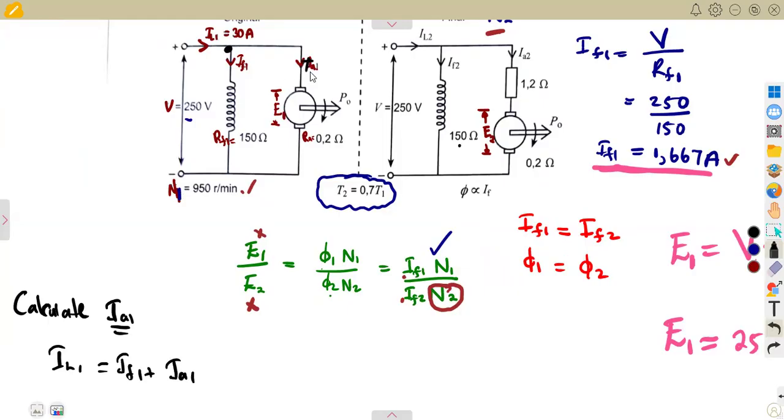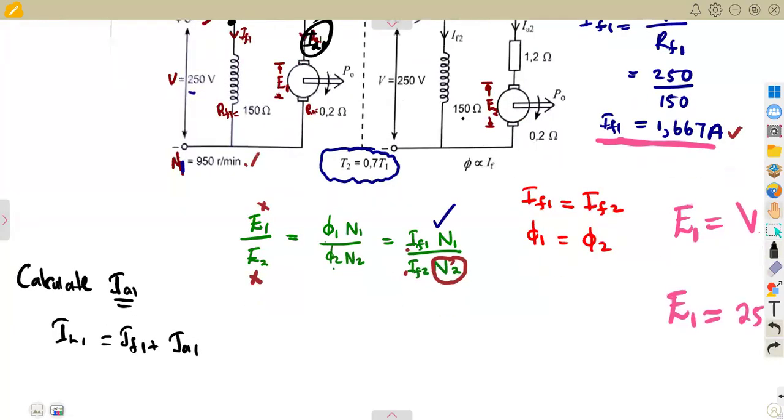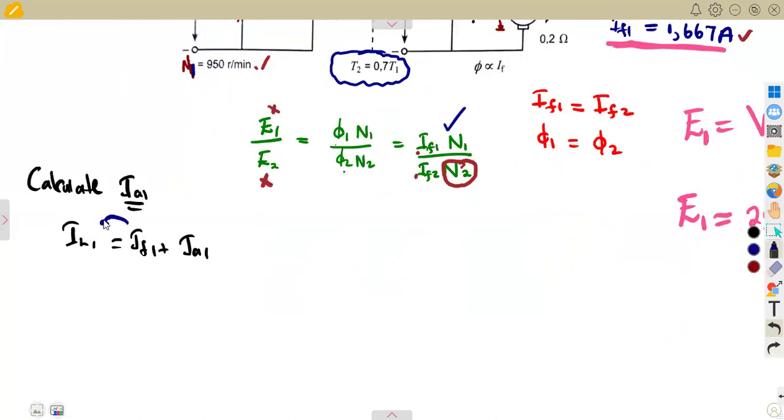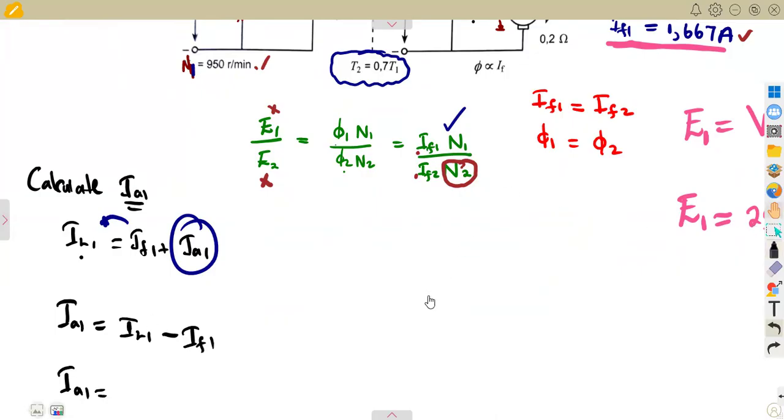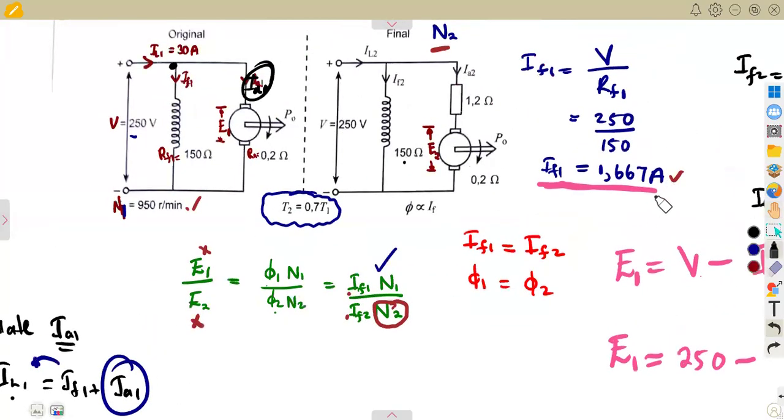As we need the armature current 1, you're going to make it the subject, take this to the other side, and subtract. So our armature current 1 is equal to the load current 1 minus the field current 1 from the first circuit that you're given. It is an advantage here because we have got the load current and also the field current from what we calculated.